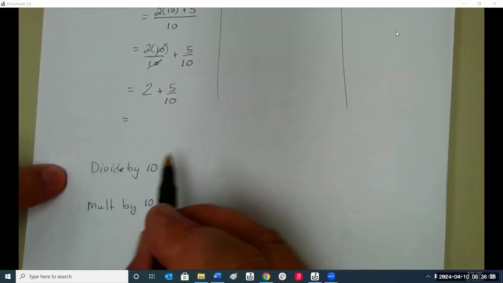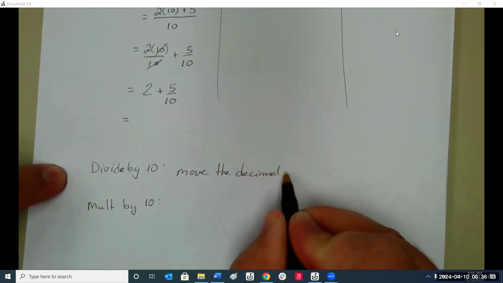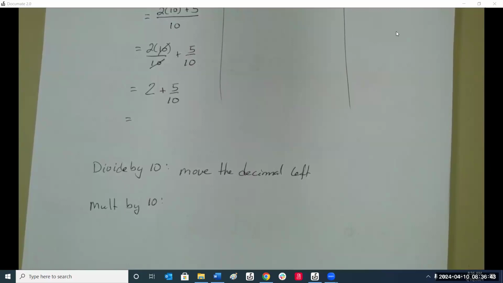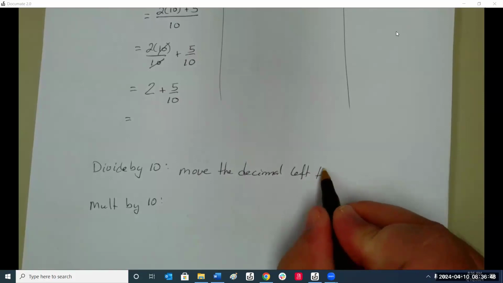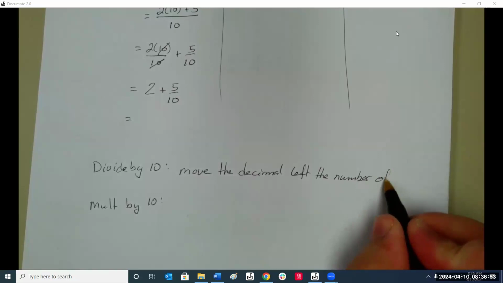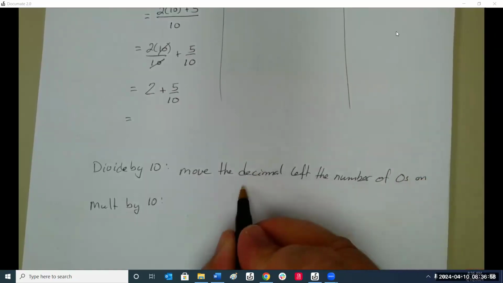So what do we do with the decimal when you divide by 10? Move the decimal left. How many spaces? The number of zeros on the bottom.